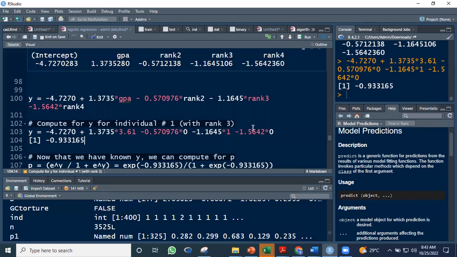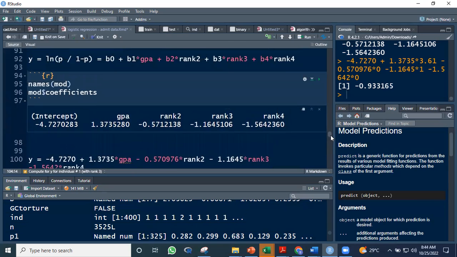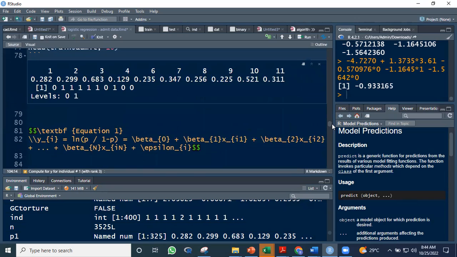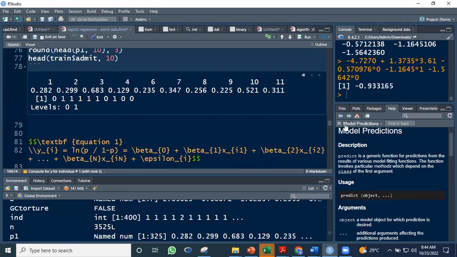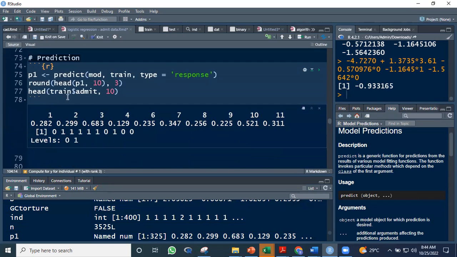And then when we perform this, lumalabas sa negative 0.933165. However, dito sa prediction natin, pinapredict natin yung model, tas pinaprint natin yung first 10 observations. So, first observation, 0.282 lang.